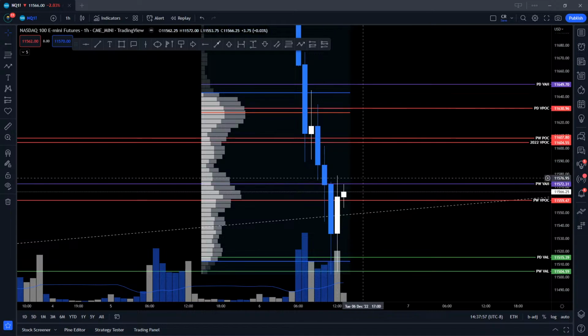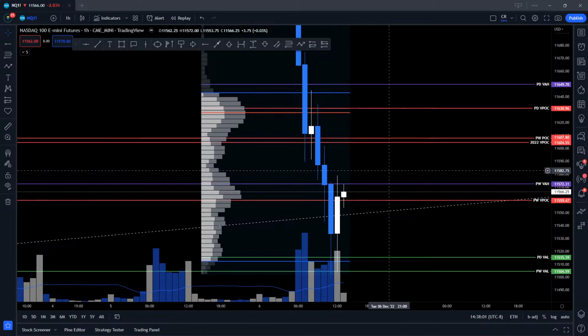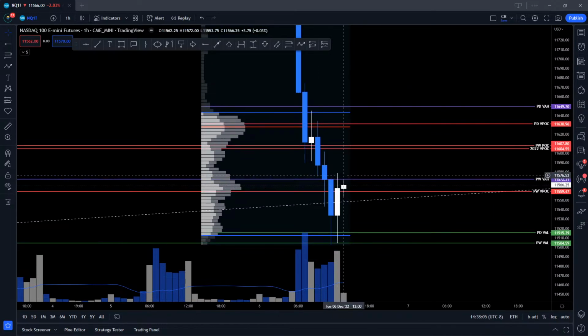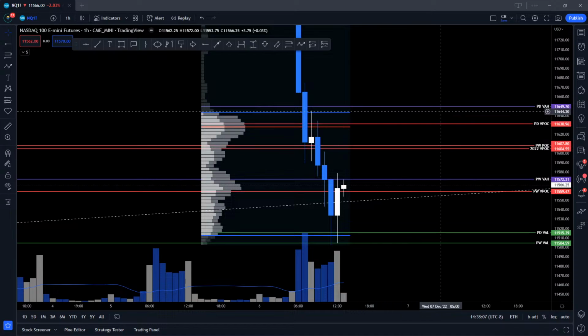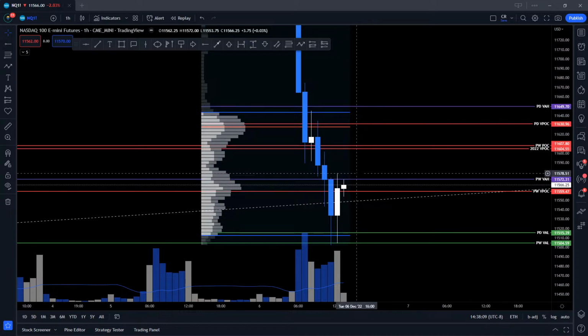So again, I would try to go long here. Again, it's not the greatest risk to reward, but that's probably where we're going tomorrow on Qs. So anybody have any charts they want?